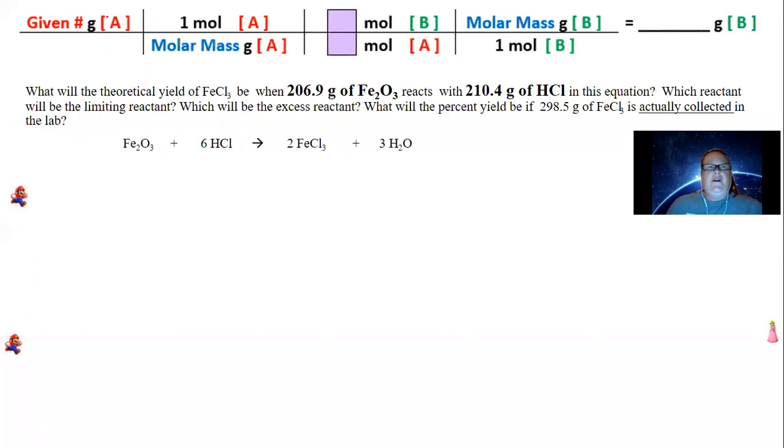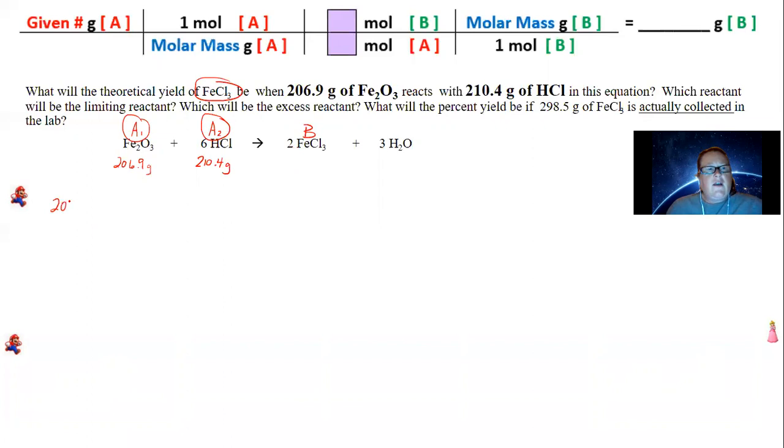Okay, I have the same map up here that we used with mass-to-mass calculations. I have 206.9 grams of Fe2O3 and 210.4 grams of HCl. This is going to be my A1, this will be my A2, and it's asking about this, so this is going to be my B for each of them.